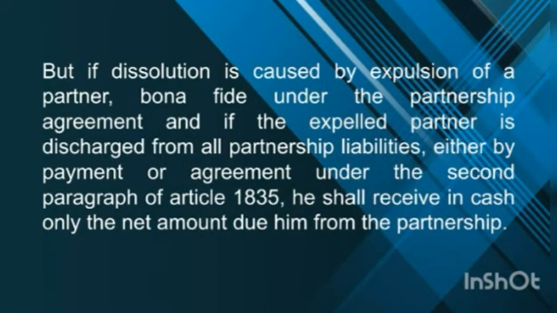But if dissolution is caused by expulsion of a partner bona fide under the partnership agreement, and if the expelled partner is discharged from all partnership liabilities, either by payment or agreement, under the second paragraph of Article 1835, he shall receive in cash only the net amount due him from the partnership.